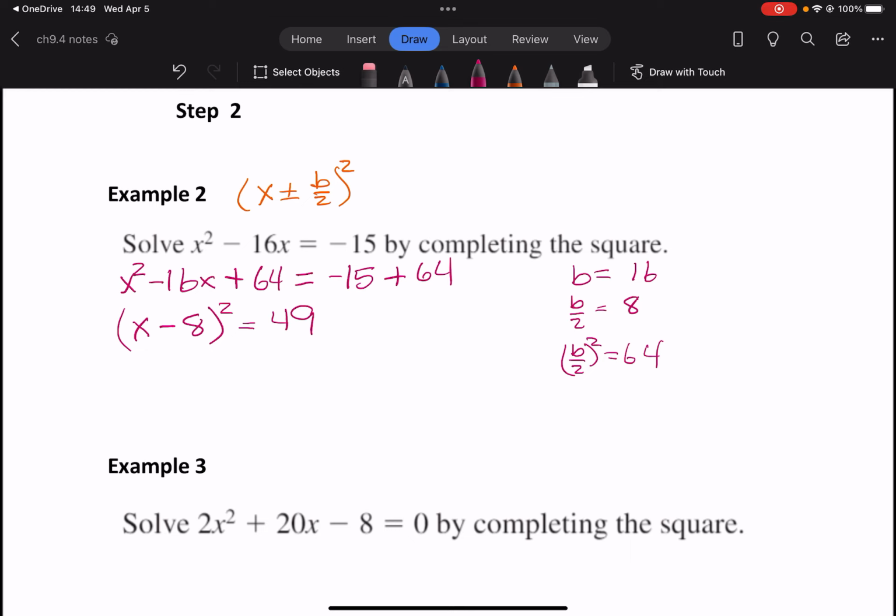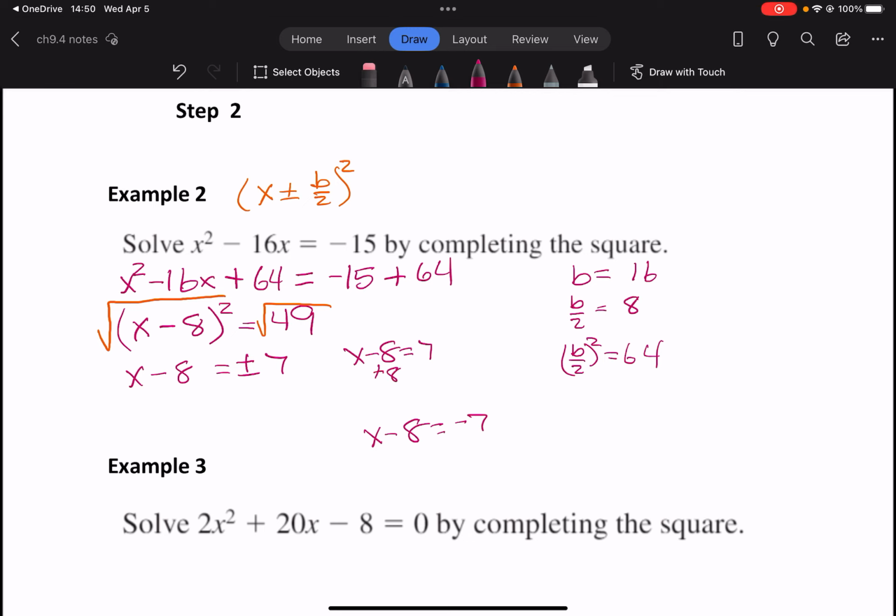So I'll take the square root of both sides. Remember, to undo a square, we take the square root. So I'll have x minus 8 equals plus or minus 7. So x minus 8 equals 7, and x minus 8 equals negative 7.